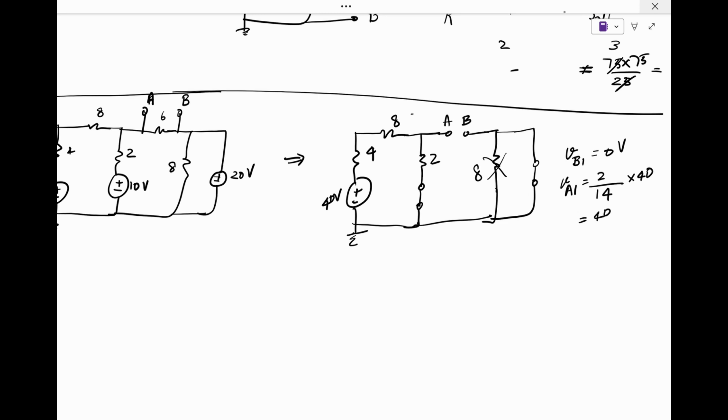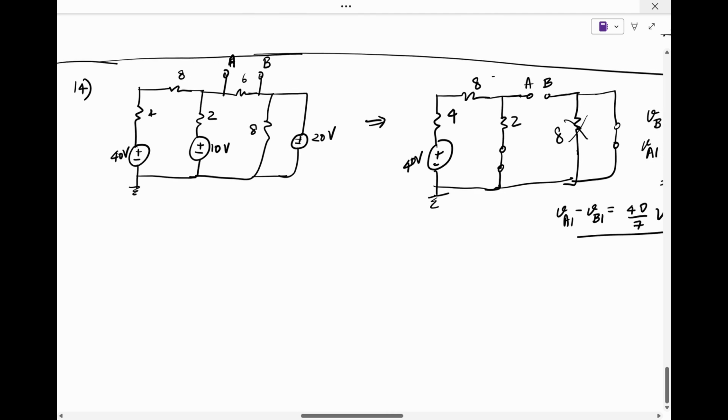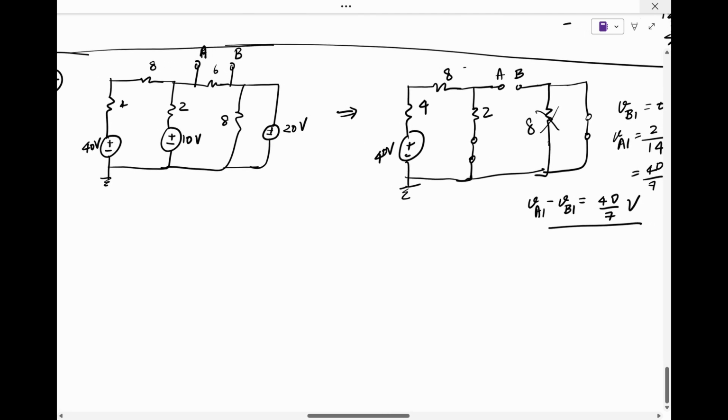So this is 40 by 7 volts. So that's VA1. So what is VA1 minus VB1 in the first circuit? That is 40 by 7 volts. So this is our first voltage with the first voltage source.